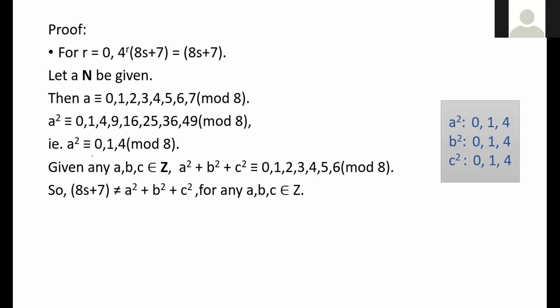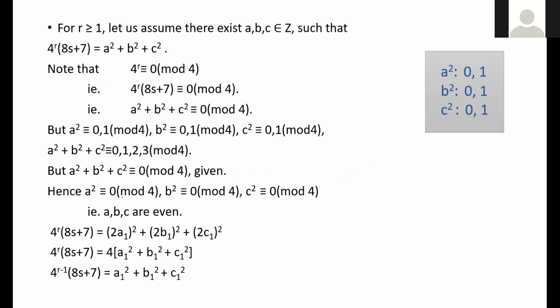So given any a, b, c in Z, if a squared leaves remainder 0, 1 or 4, and so do b squared and c squared, we take all the possible combinations and arrive at the conclusion that a squared plus b squared plus c squared will not be congruent to 7 modulo 8 in any case. So a squared plus b squared plus c squared is never equal to 8s plus 7 for any a, b, c in Z. Now we look at the case when r is greater than or equal to 1.